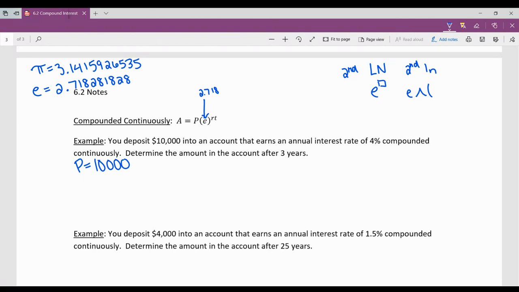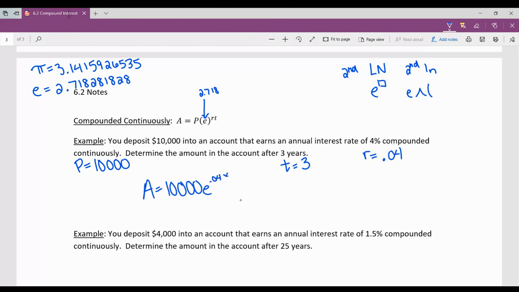My annual interest rate, so the R is equal to 0.04, move that decimal point to the left two. And then my time, T, equals 3. And then we're going to go ahead and fill those into my equation. So A equals P, which is 10,000, E, which is a number, raised to the R times T.